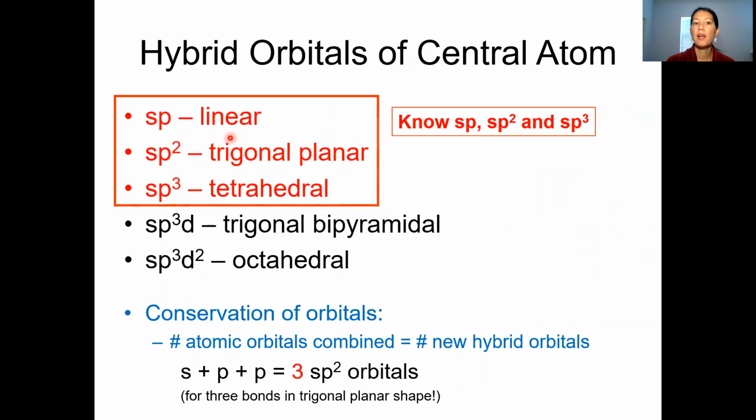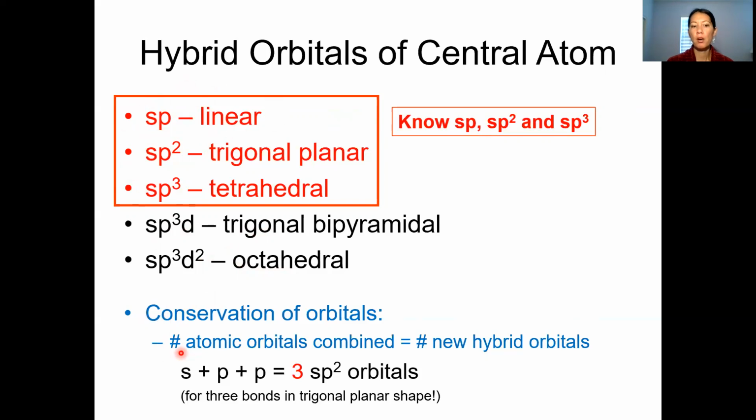So notice that the number of new hybrid orbitals you need to make is 1 higher than the number here for the p. A linear geometry will require an s and a p to combine. So what I need you to know are these 3. If you combine an s, 3 p's, and a d, you get 5 for trigonal bipyramidal. Add another d and blend those, you get 6 for octahedral. I already mentioned what I call conservation of orbitals.